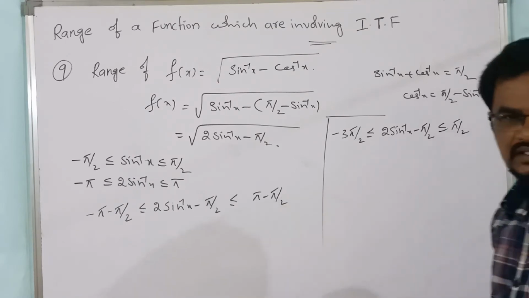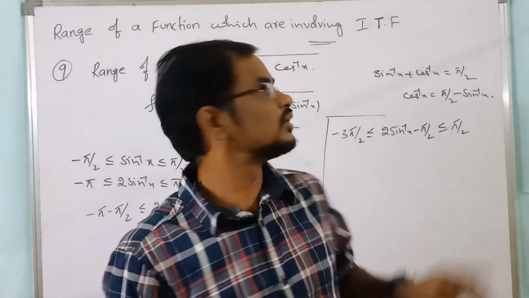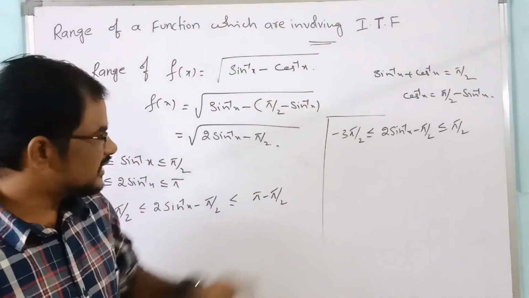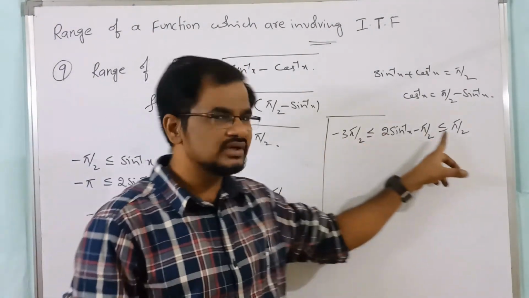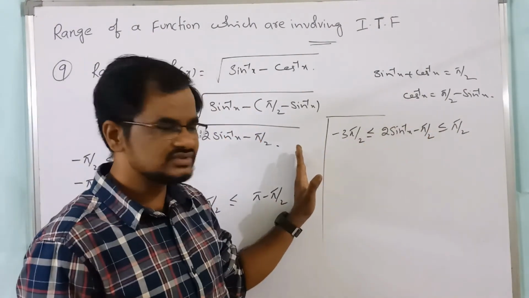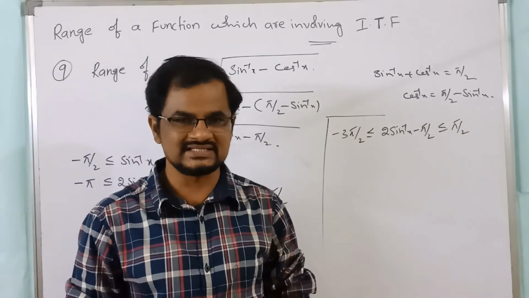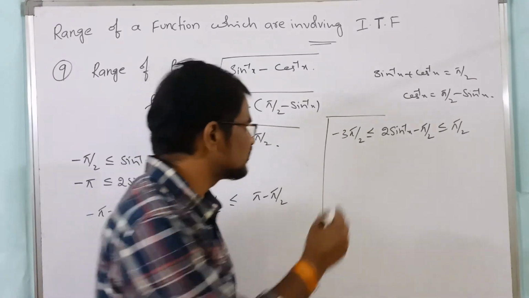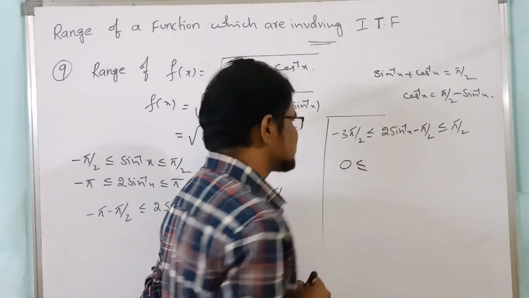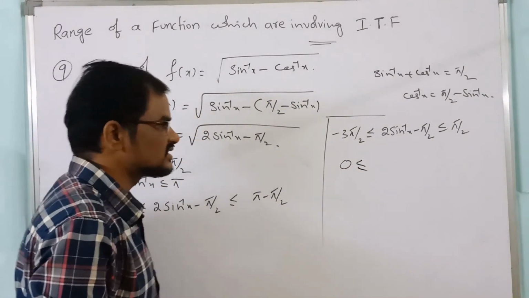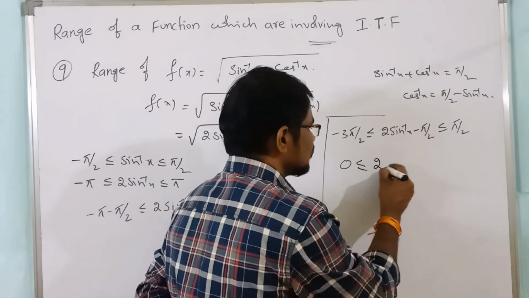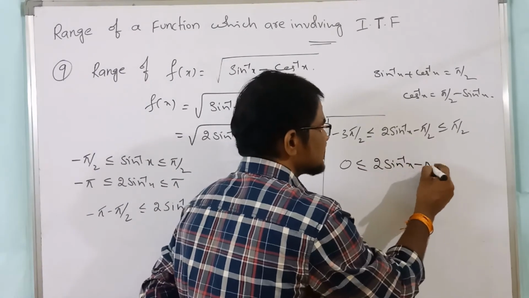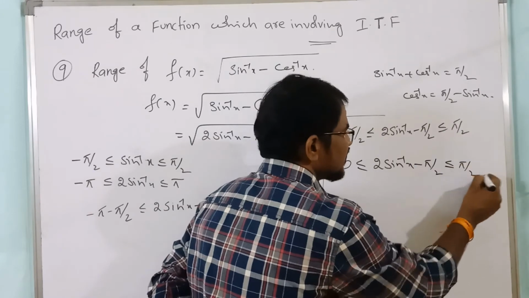So for this function we have to take a root. But if you take minus 3 pi by 2 to 0, these negative values, the root does not exist. So that's why this function is adjusted like this: 0 less than or equal to 2 sin inverse x minus pi by 2 less than or equal to pi by 2.